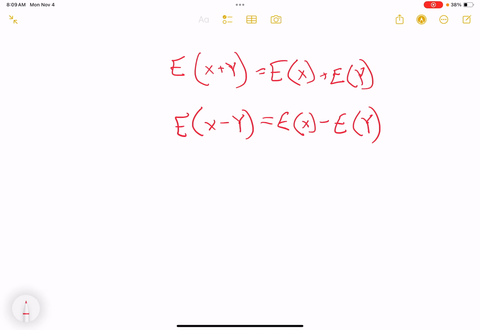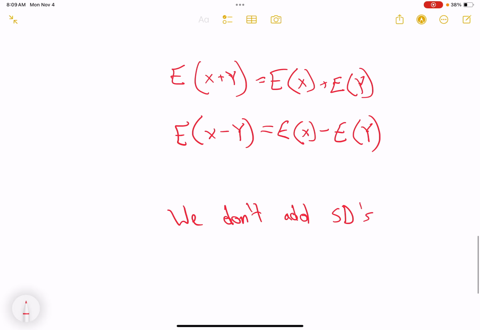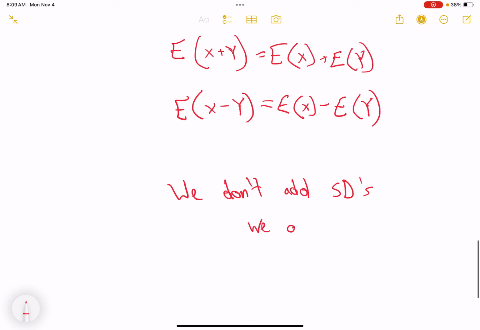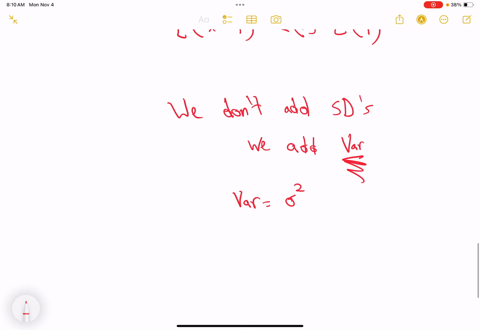Now, when we look at standard deviation, it's similar. It's almost exactly the same, but there are two finicky things about standard deviation. One, we don't add standard deviations. We add variances. And variance is standard deviation squared.